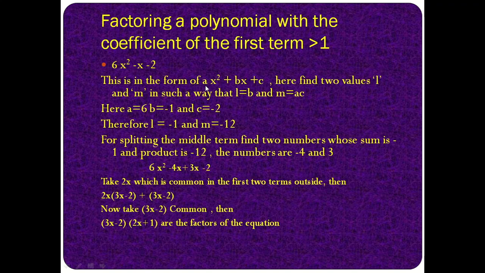So this is in the form of an equation ax square plus bx plus c. Here a is the coefficient of the first term, b is the coefficient of the second term, and c is the coefficient of the constant, we can say.